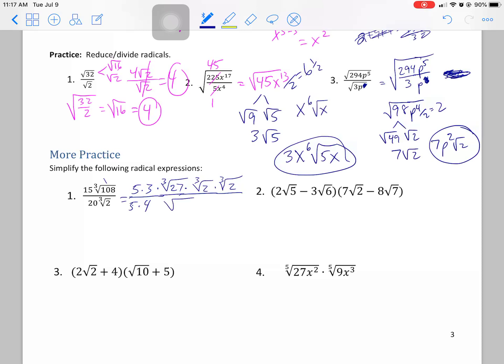And this is going to be cubed root of 2. So that goes away, that goes away. And the cubed root of 27 is 3. So 3 times 3 is 9 over 4. And this cubed root of 2 is left.